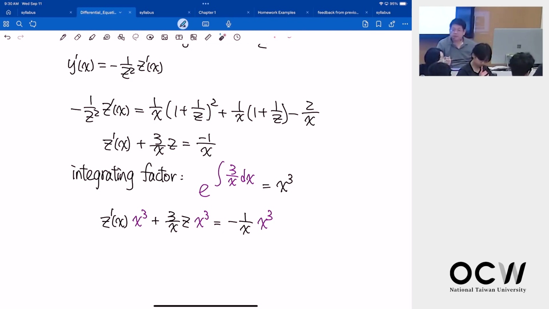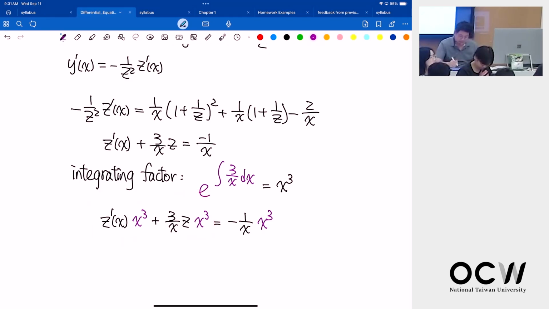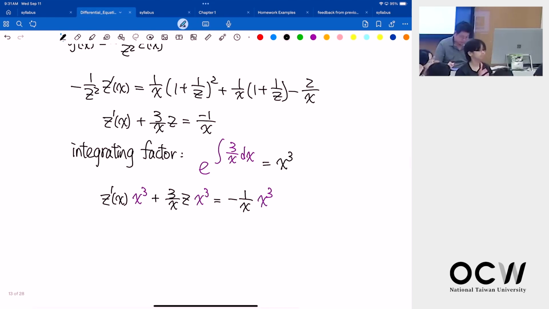Remember, why do we need the integrating factor? Because this part I can combine. Why do we have these two terms? Because when we do the chain rule, we get two terms. So what is the original form that we need to take the derivative of to get these two terms?